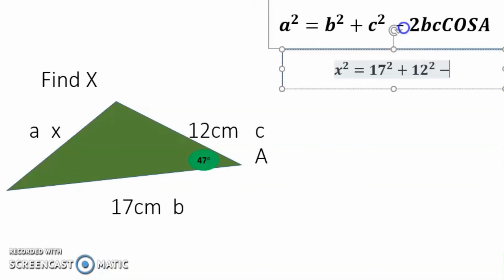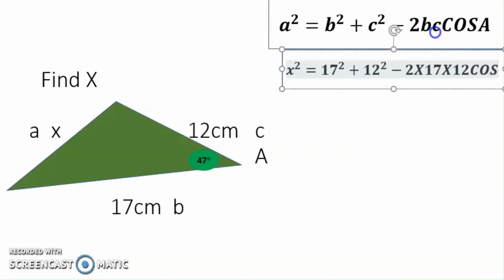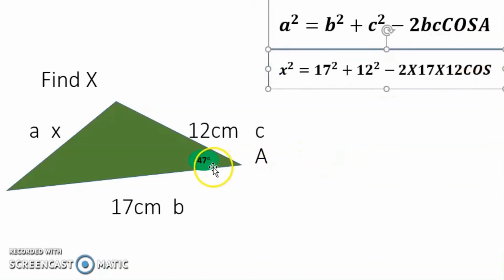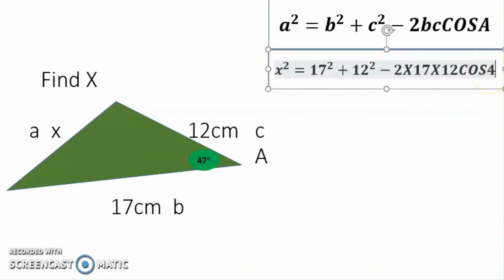Minus 2 times our b, which is 17, times our c, which is 12, then cos our value for A. The value for A is the angle of A, which is 47 degrees.